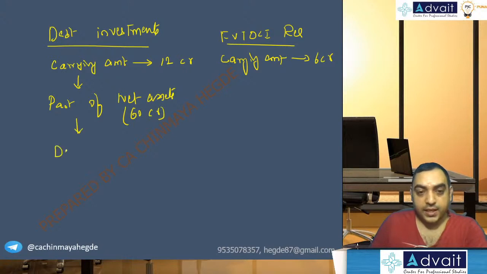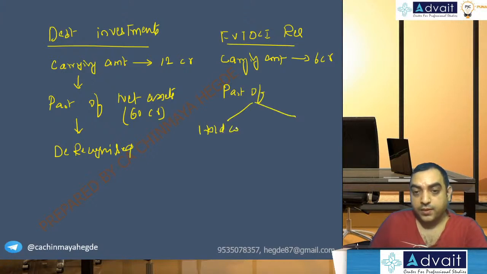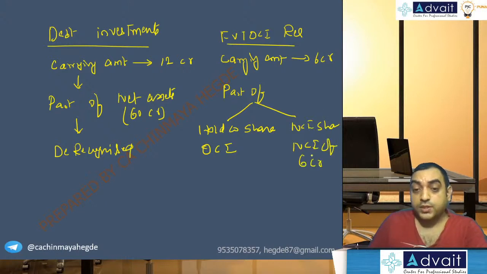And this is de-recognized. This carrying amount of 6 crores is made of two parts: the holding company's share in the OCI and the NCI share in NCI of 6 crores. How much is the holding company's share of total OCI? We don't know.